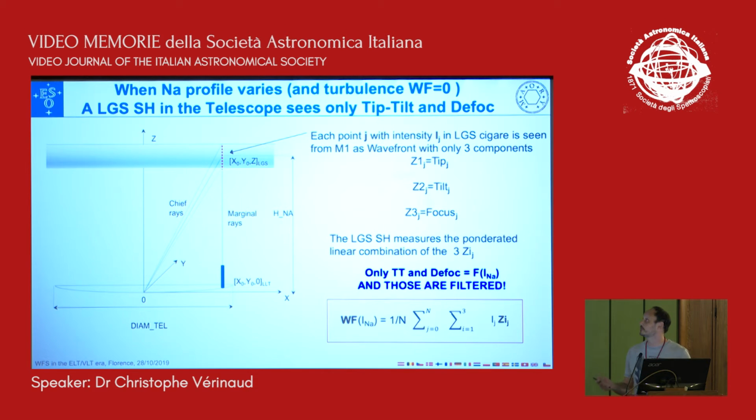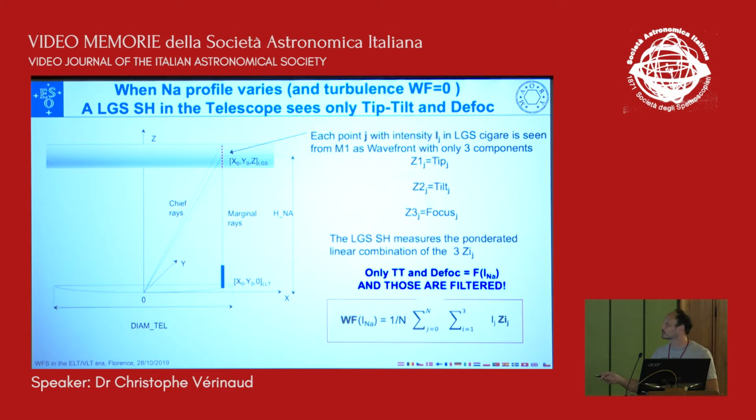So now this is the difficult part, number 1. What I want to see here is how the telescope, and the wavefront sensor for the laser guide star, sees a laser guide star in the absence of turbulence. You can consider that each of these point sources has a given intensity, and seen from the telescope, they carry a wavefront which depends only on its position, and this wavefront is composed of tip, tilt, and focus.